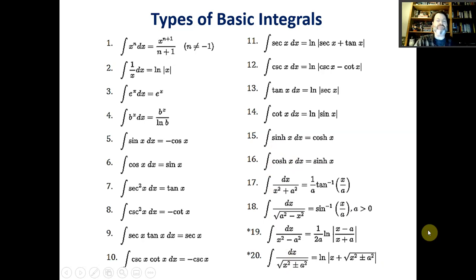So about half of these we proved in Calc 2 already. About half of them were from Calc 1. And as you can see, 19 and 20 have asterisks because those are ones that you can derive using partial fractions or trig substitution. You don't have to memorize them. You could work them out on your own.